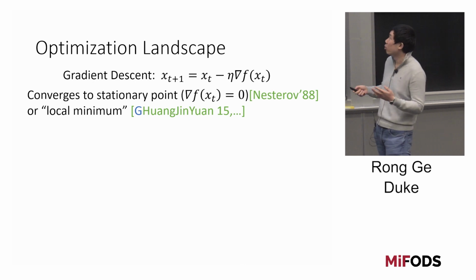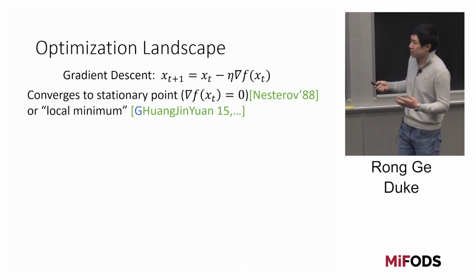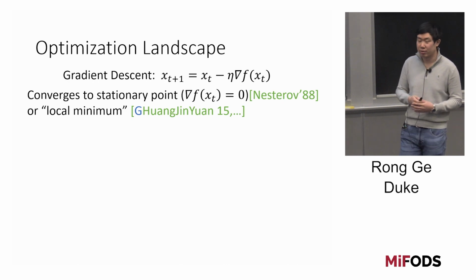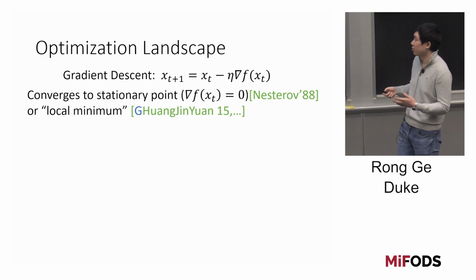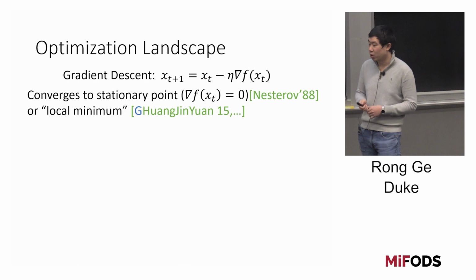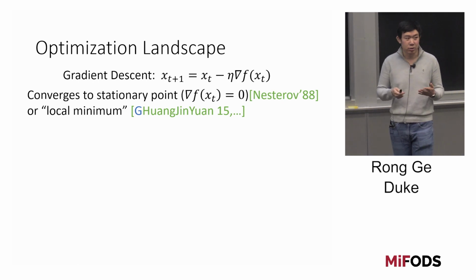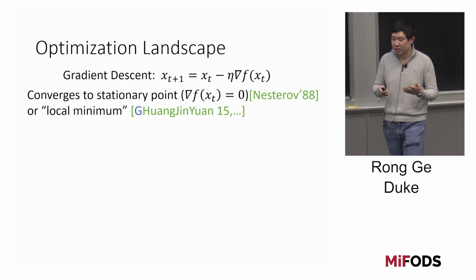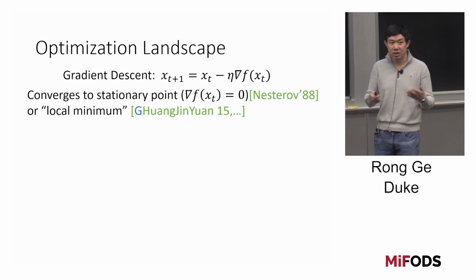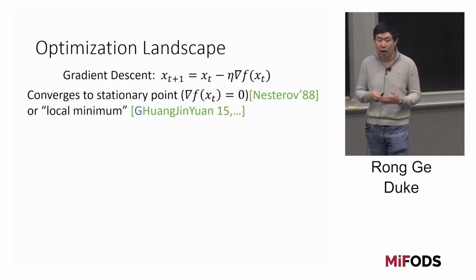And more recently, we were able to show that gradient descent, or some modification of gradient descent, can actually converge to an approximate local minimum. But that's really all gradient descent can do. What gradient descent cannot do is escape from a local optimal solution, right?